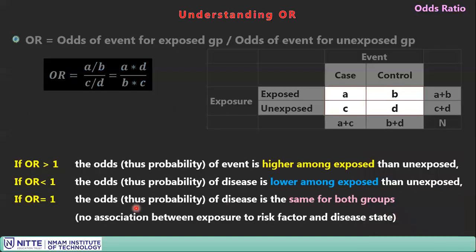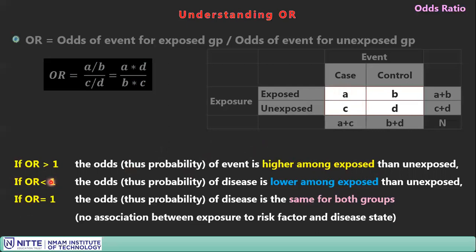So let's understand what the values of OR mean. If OR is greater than 1, the odds of the event occurring for the exposed group are higher.